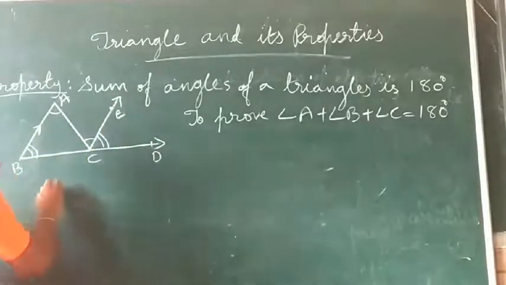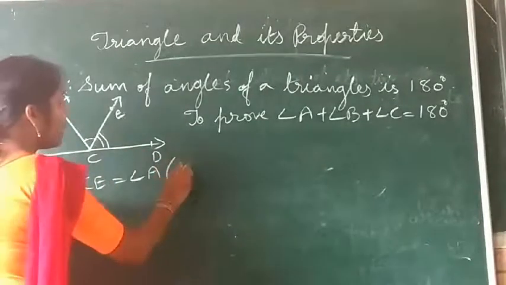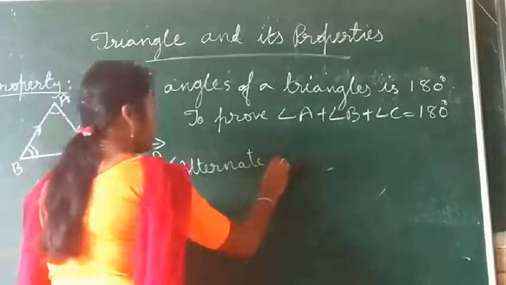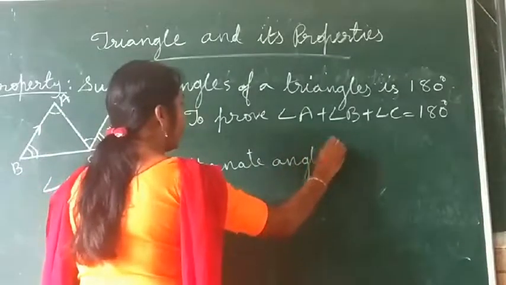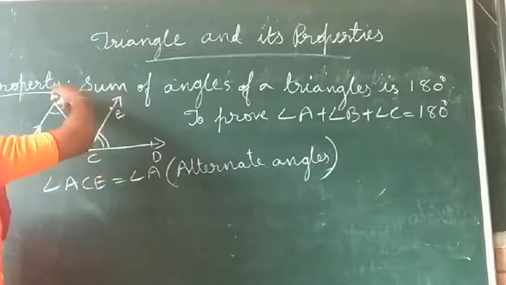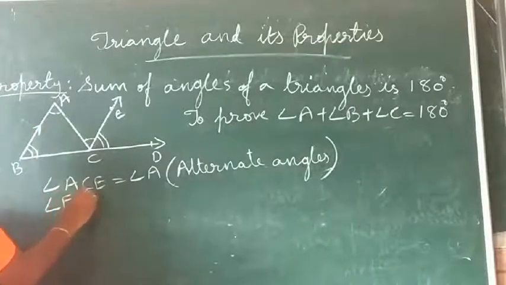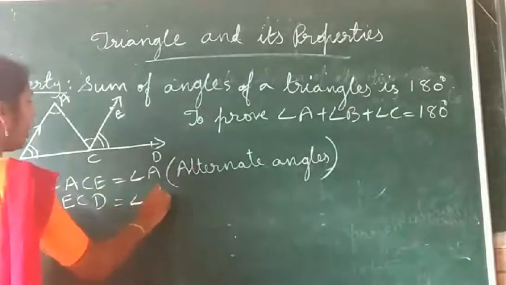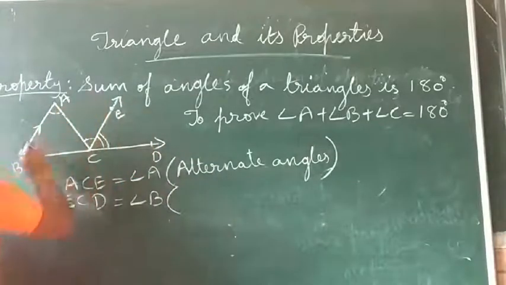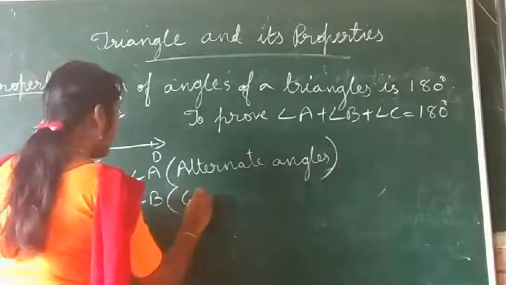So angle ACE is equal to angle A, as the alternate angles are equal when the parallel lines BA and CE are cut by the transversal AC. Now we can also write angle ECD is equal to angle B. They are corresponding angles when the parallel lines BA and CE are cut by the transversal BC.